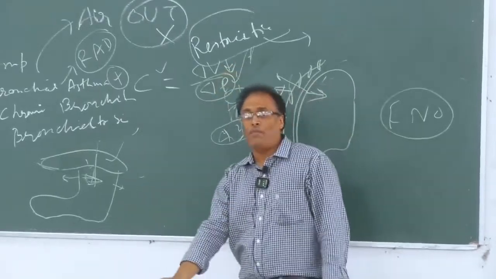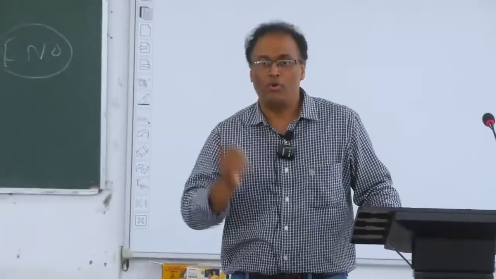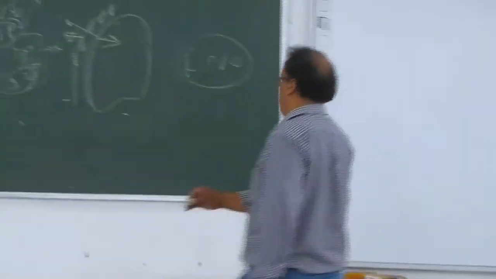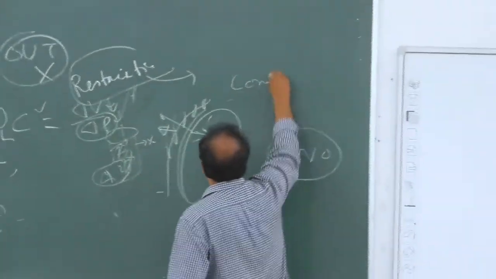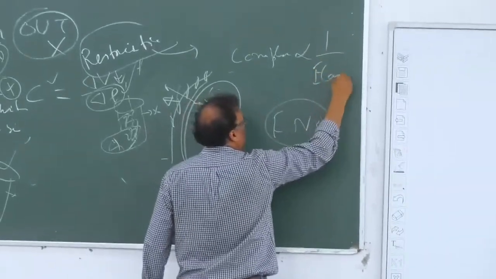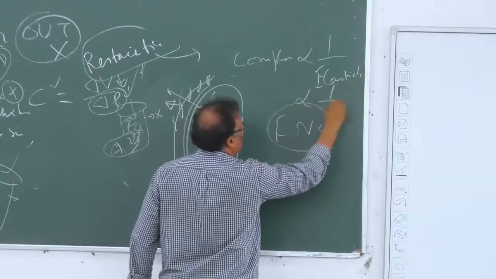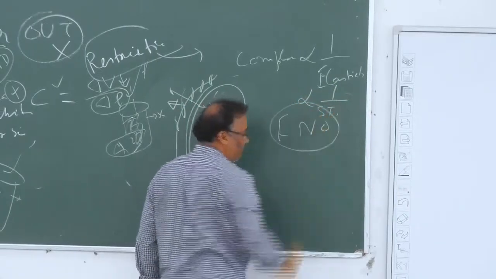So in case of restrictive pulmonary disease or any pneumoconiosis, what will happen? Compliance less, elasticity more. Compliance and elasticity are inversely proportional, so write this down in your notebook first, because you will not find this anywhere. Compliance is inversely proportional to elasticity, and also inversely proportional to surface tension.